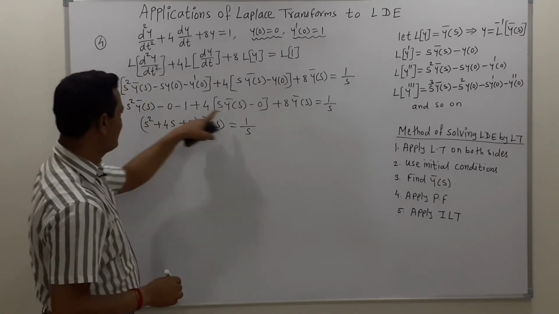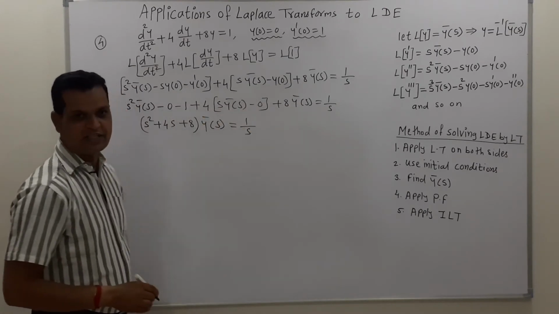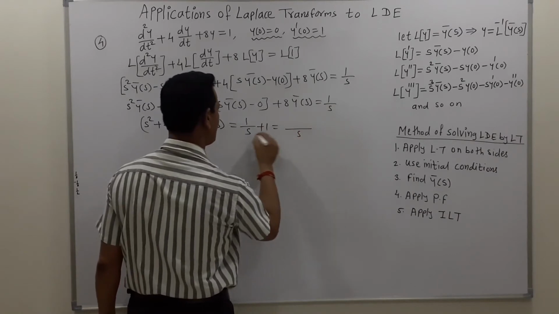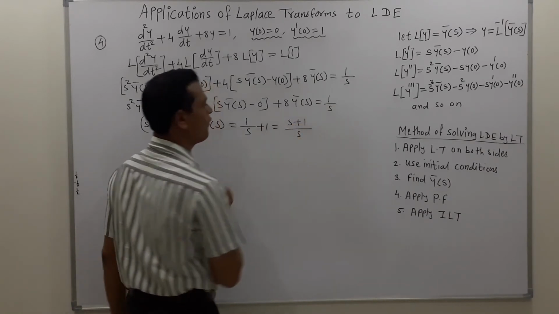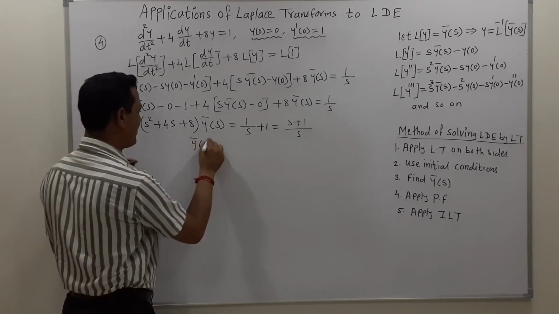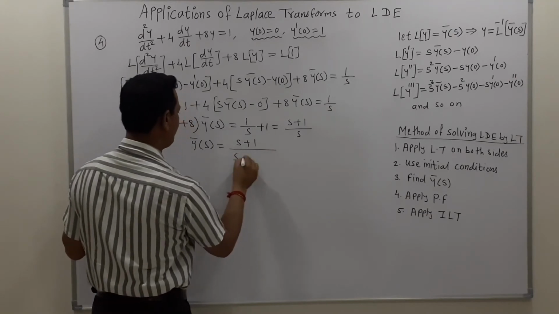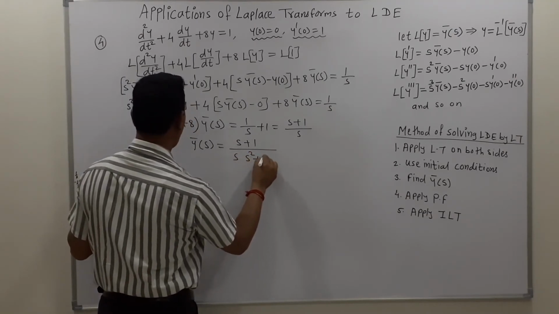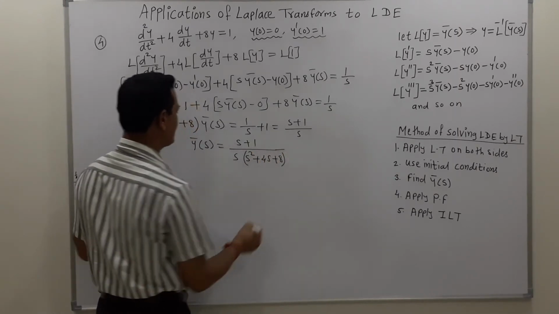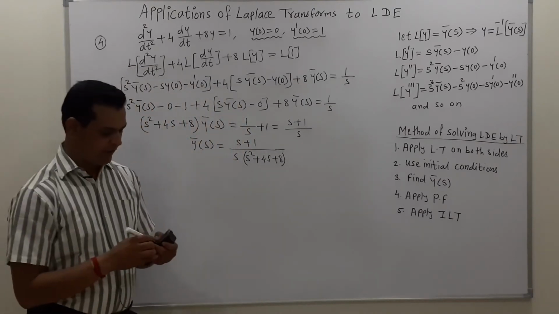We take this 1 to the right side, so we get 1 upon s plus 1, which is s plus 1 upon s. In this way we get the value of y bar of s is equal to s plus 1 upon s into s square plus 4s plus 8. So friends, in this way we get the third step, which is y bar of s.